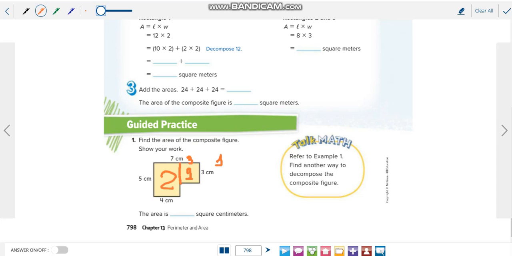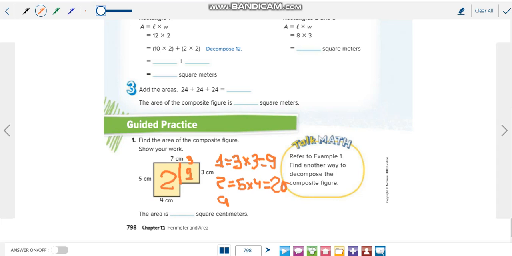So I'm going to put first rectangle equals 3 times 3, and we know that 3 times 3 equals 9. For our second rectangle, we're going to put second rectangle equals 5 times 4, and we know that 5 times 4 equals 20.